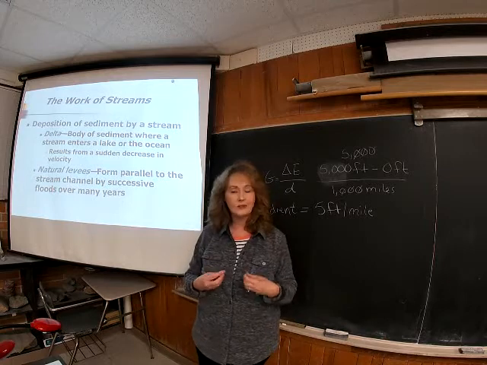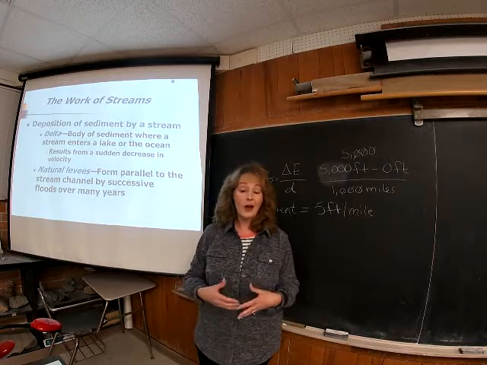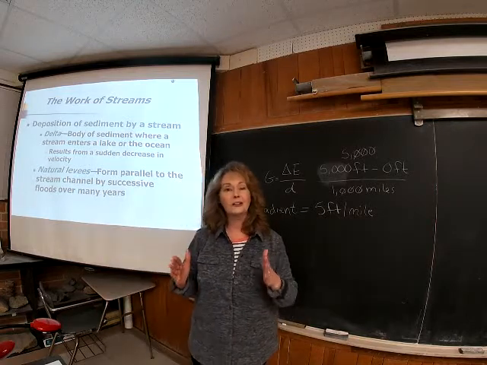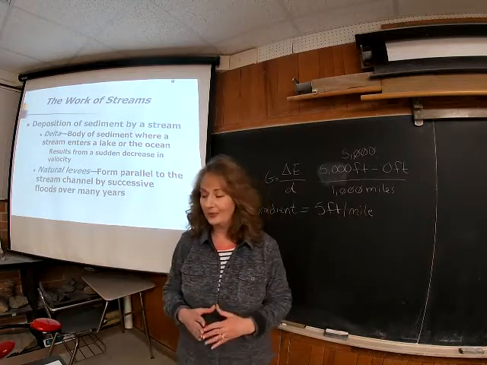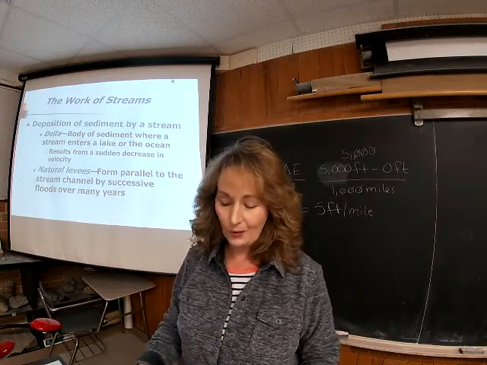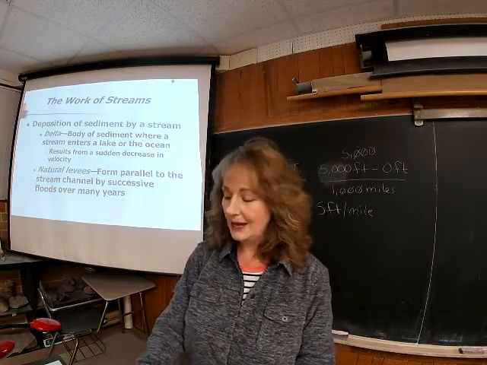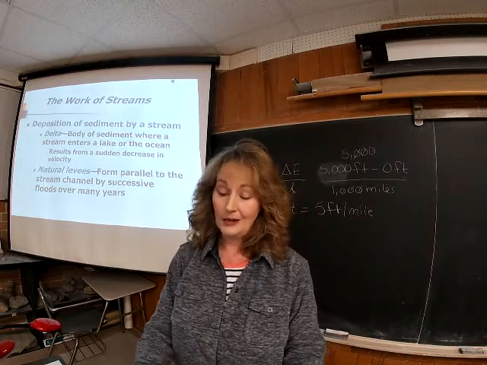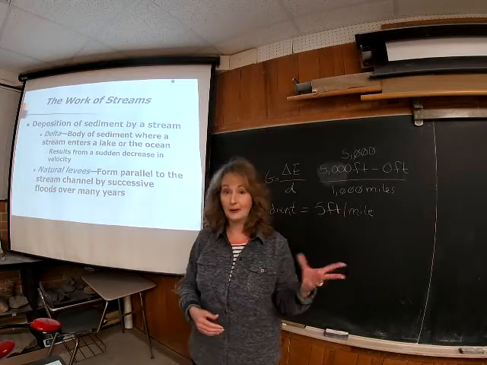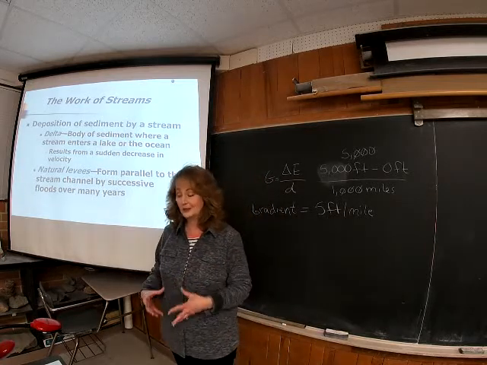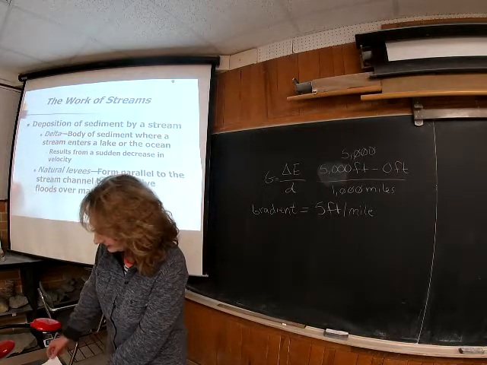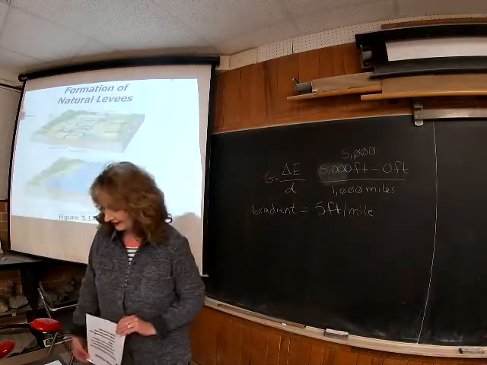Okay, and so that's called a natural levee. Of course, we build levees to try to control our streams, keep them where we want them, but that's a natural levee that forms on either side, and those are depositional structures that occur from streams. So we talked a little bit about erosional things, but these are depositional structures. So a delta and a levee.